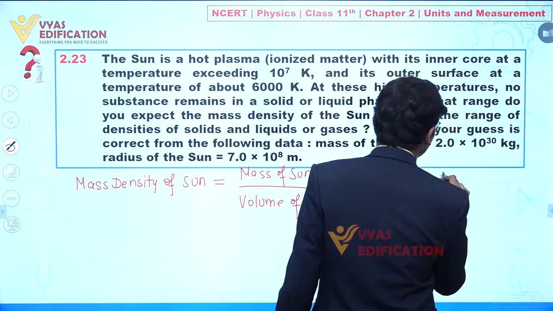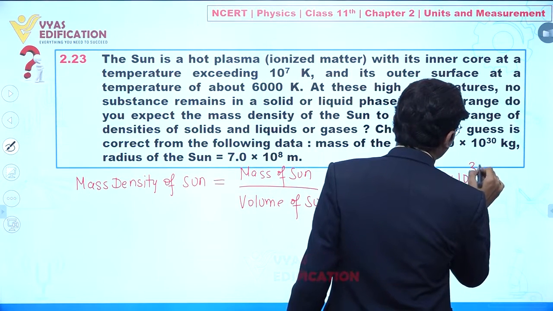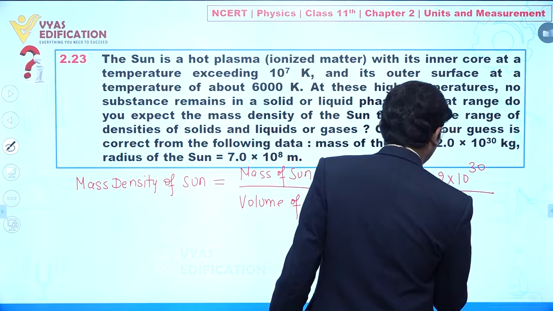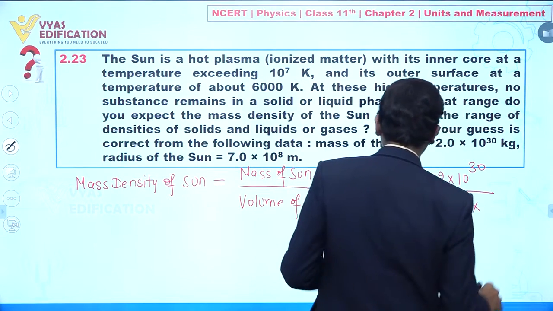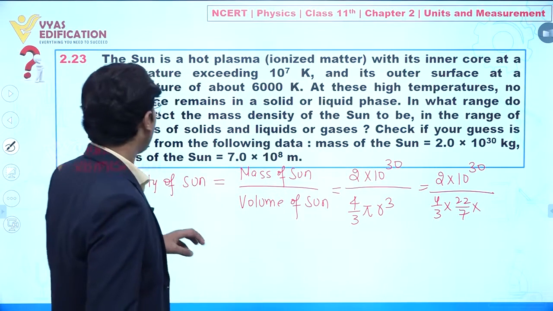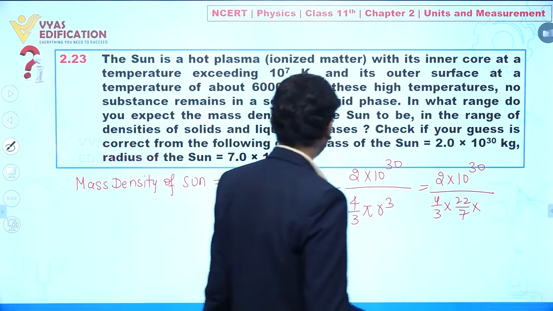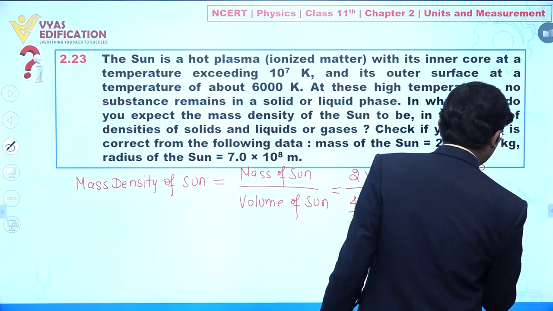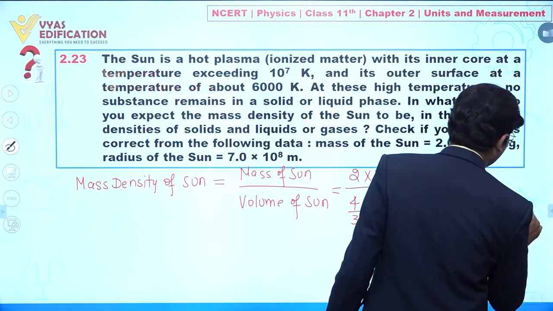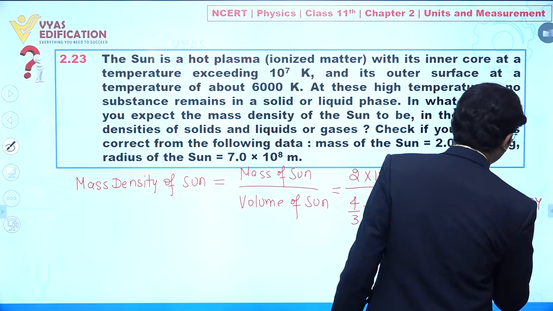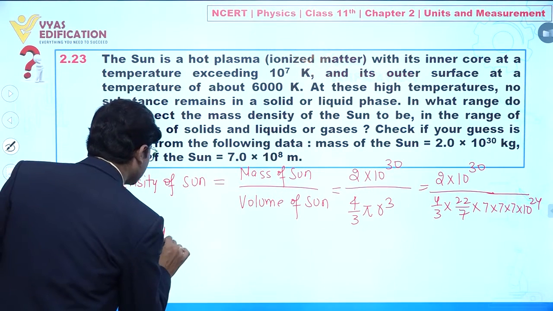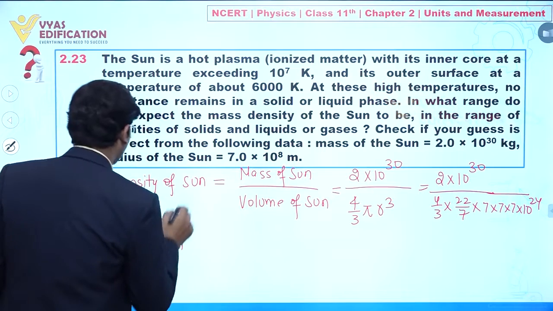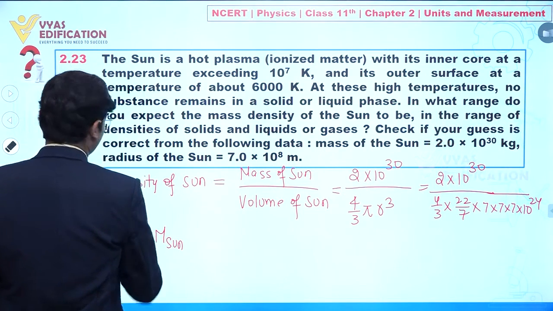So from here we can say this is 2 into 10 to the power 30 divided by 4 by 3 pi, where pi is 22 by 7, multiplied by r cube. R means the radius of the sun, which is given as 7 into 10 to the power 8, so 7 into 7 into 7 into 10 to the power 24. We can represent mass density by rho.